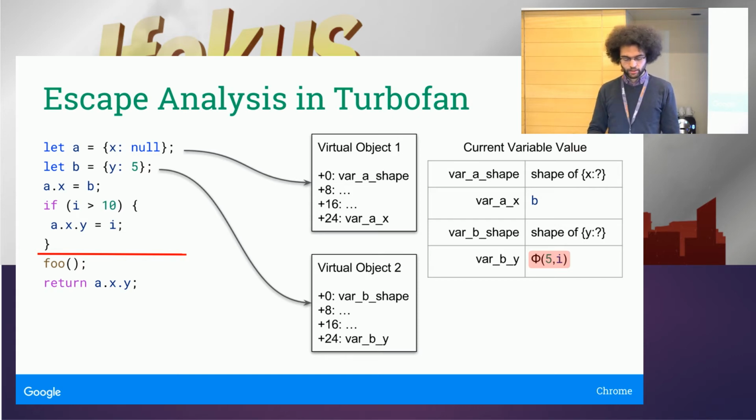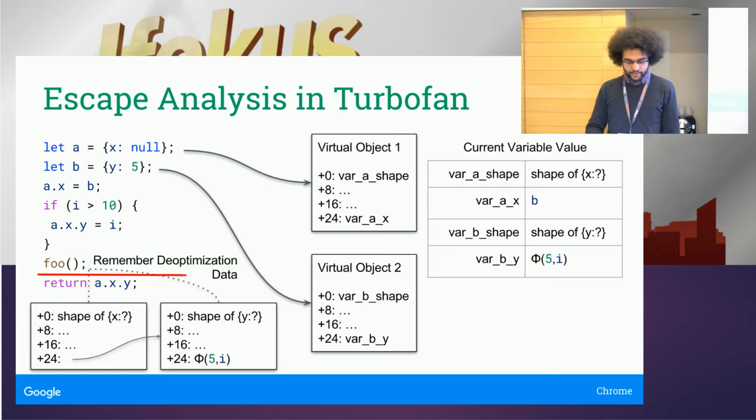And now we have a function call, and from the preceding slides, you should be worried about function calls. At this point, we might deoptimize, because when we call a function, we never know what happens. So we have to remember deoptimization data. This is essentially a dump of the current state we maintained. For each virtual object, we have a representation of the virtual object, and the fields are based on the current value of the variables.